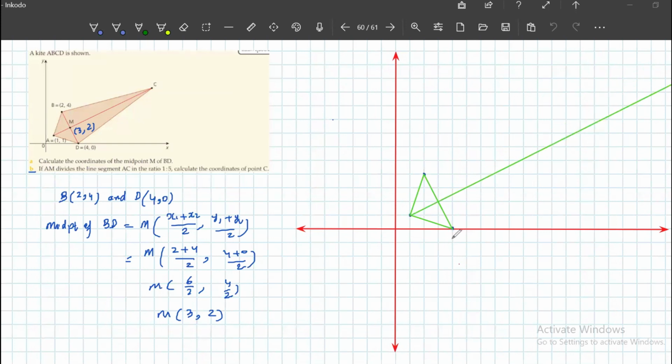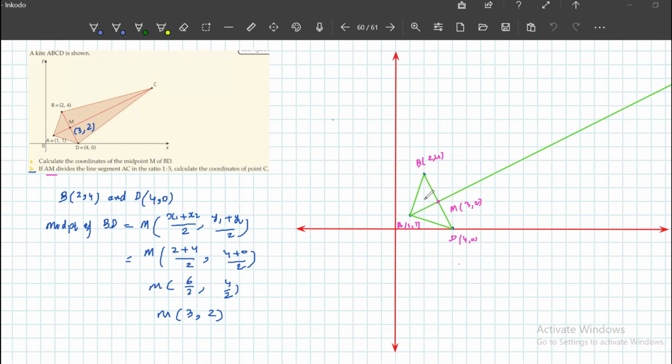These are the points: D, which is given as 4 comma 0, point A is 1 comma 1, point B is 2 comma 4, and the midpoint is 3 comma 2. Remember that AM divides the line segment AC in the ratio 1:5.